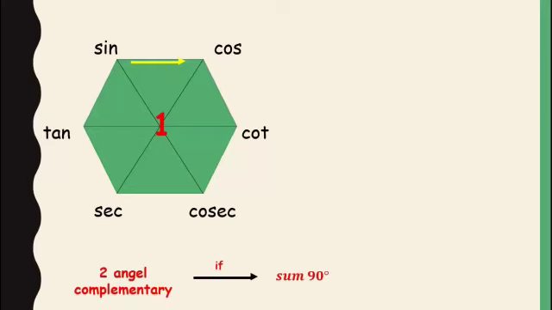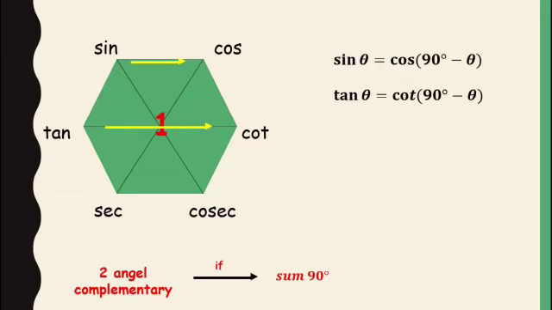It tells us sine of theta equals cos of 90 degrees minus theta. This horizontal row tells us that sine of an angle is equal to cosine of its complementary angle. Similarly, this row tells us that tan theta equals cot of 90 degrees minus theta, and so on.